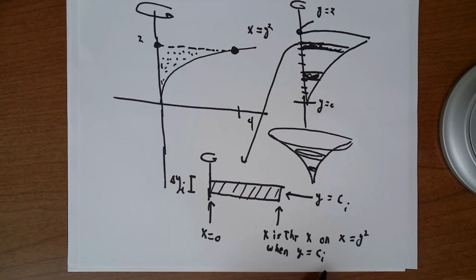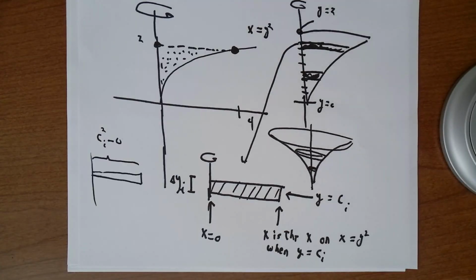The horizontal length is the rightmost x-coordinate minus the leftmost. X is y squared, and y is c_i, so this will be c_i squared minus 0, or c_i squared.